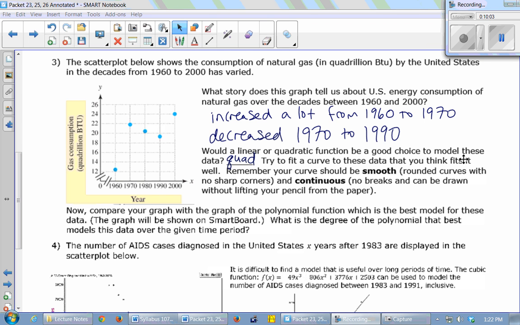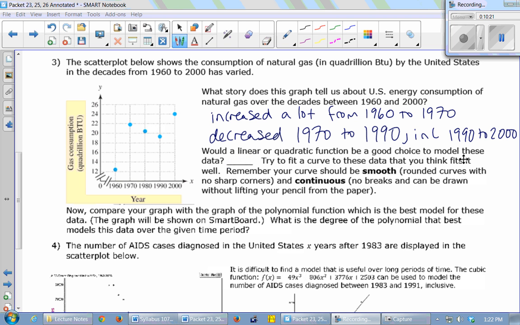Okay, so it decreased from 1970 to 1990, and then we increased again 1990 to 2000. So a linear or a quadratic function, would either of those be a good choice for this data? No, right? Because a linear would just be straight up and down, and you wouldn't capture this trend that it went up and then down and then back up, right? So linear is not going to work.